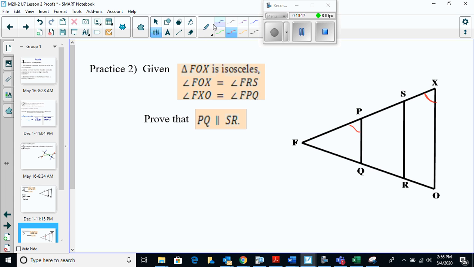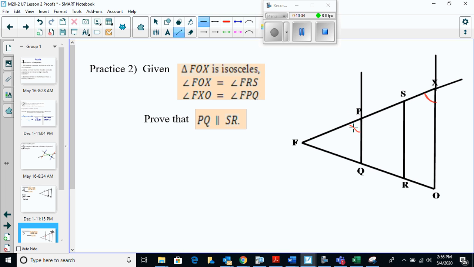So now we will take a look at those two lines. If we extend those two lines here, then FX becomes a transversal line.